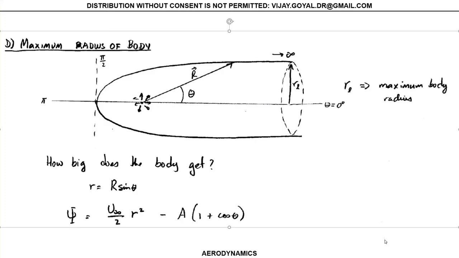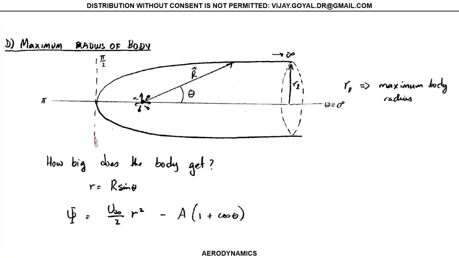So now, the maximum radius of your body. What is going to be the maximum radius of your body? Think about it, this is your maximum radius, right here. You cannot have anything more than this. From your source, the maximum distance would be anything that can go from here to wherever I want to locate this.